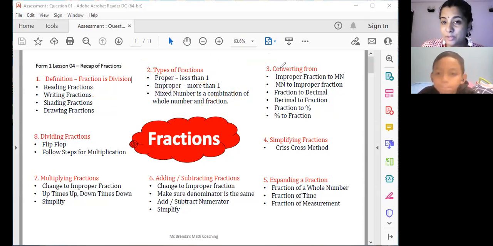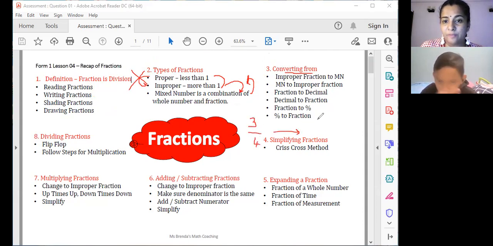The third thing you should be able to do is converting fractions from proper to improper, from improper to mixed number and back from mixed number to improper. You cannot convert proper to improper. Do you understand or not? It doesn't make sense. How can 3 over 4 convert to become 4 over 3?